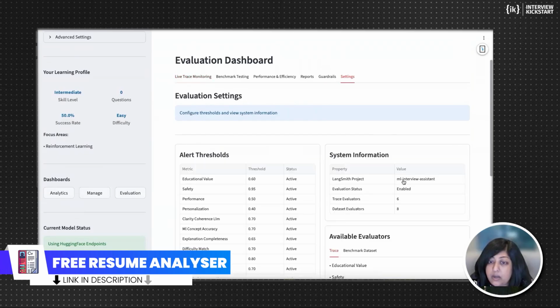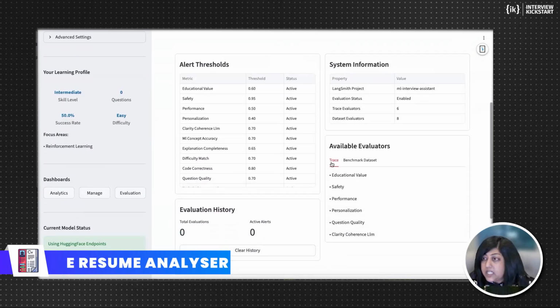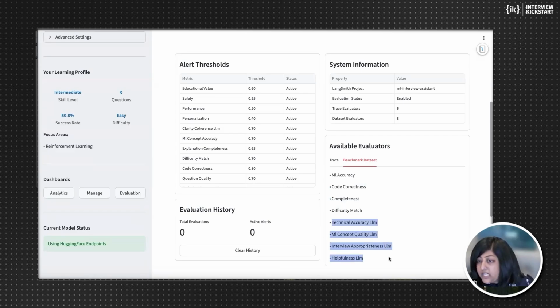So when I look at settings, you will see that against the production monitoring, I have a bunch of custom evaluators that I'm running, including one LLM as a judge evaluator. For the benchmark dataset, I have about 4 metric evaluators and 4 other LLM evaluators for the subjective metrics measured against the benchmark dataset.